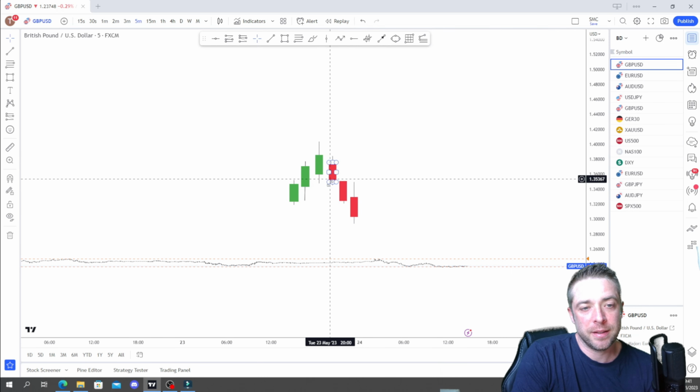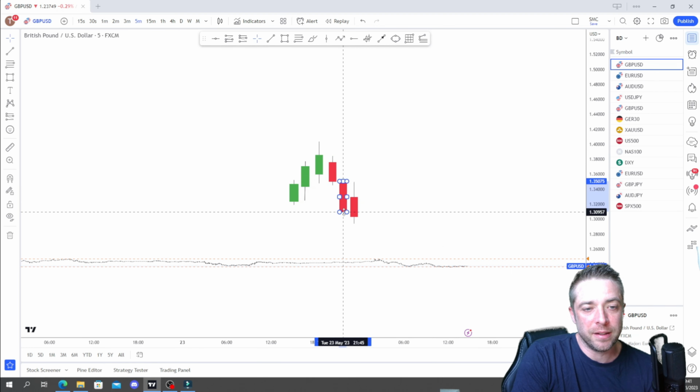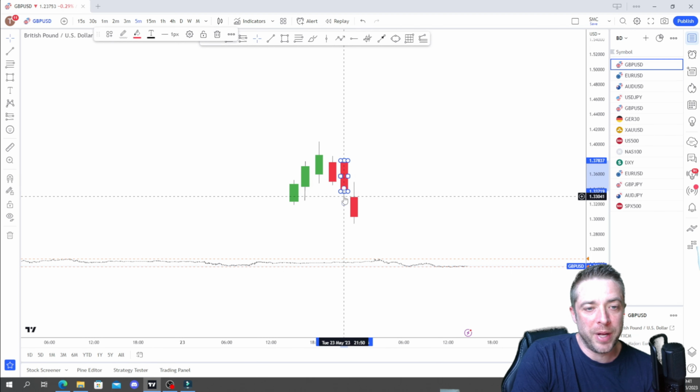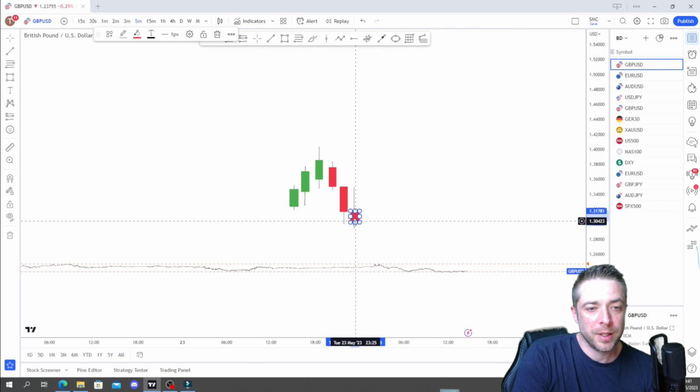So if we had candles coming down here, let's imagine that this candle was quite a big, strong, bearish candle, and then this one comes down here like this, but there isn't a wick on the top.